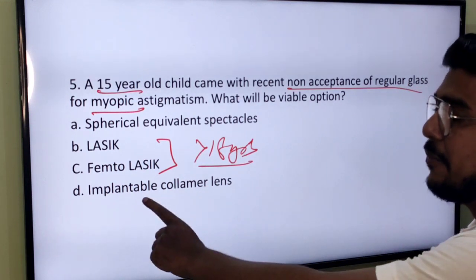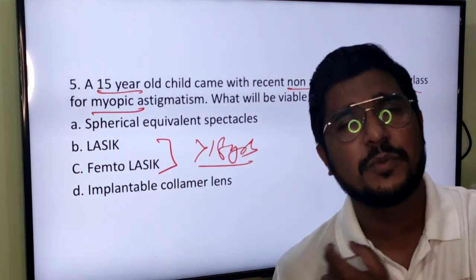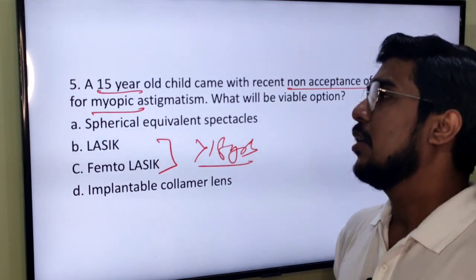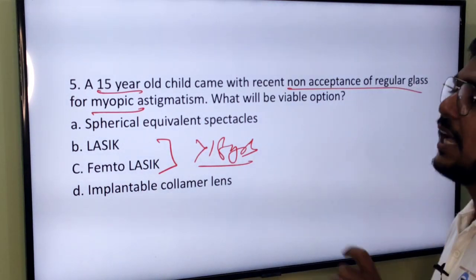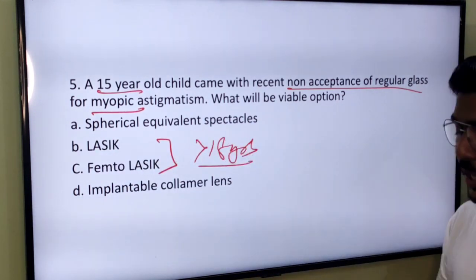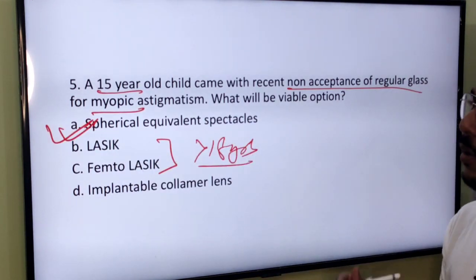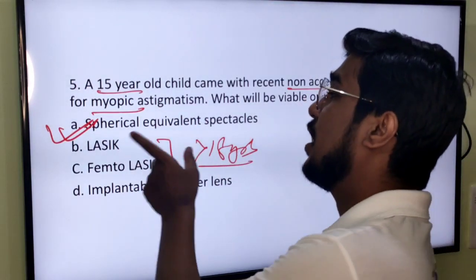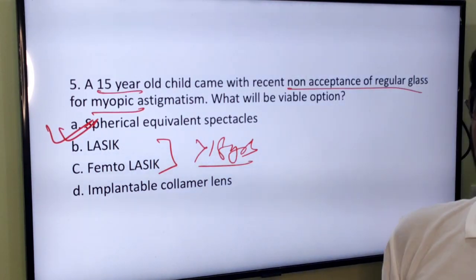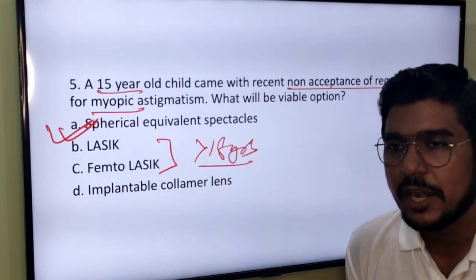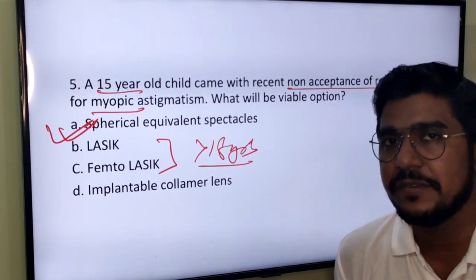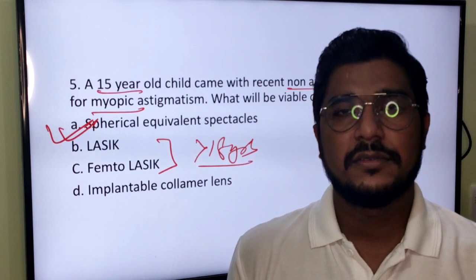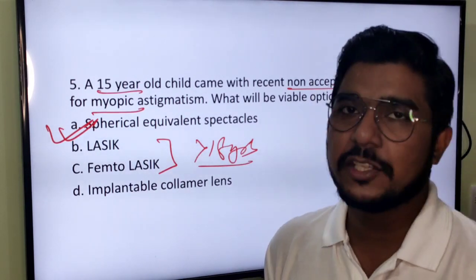I know ICL is reversible, but it is an invasive procedure, and you cannot do an invasive procedure again and again. So the answer is, we are left with the spherical equivalent spectacles. Most patients of this type who are not accepting the myopic astigmatism will accept this spherical equivalent. And you have to understand the basic rule that you cannot go into any laser surgery or any refractive surgeries before 18 years. This is the basic concept behind this question.